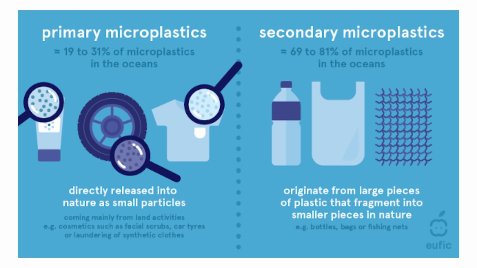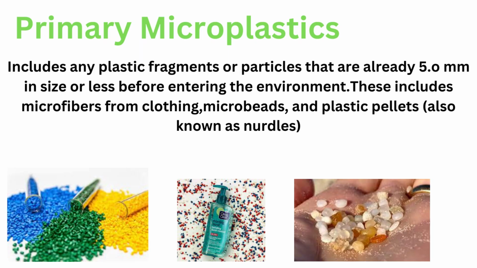When we compare them, in the ocean 19 to 31% is primary microplastics, but if we look at secondary microplastics, they lead to 69 to 81% in the ocean, and they originate from larger plastics such as bottles, bags, and fishing nets.